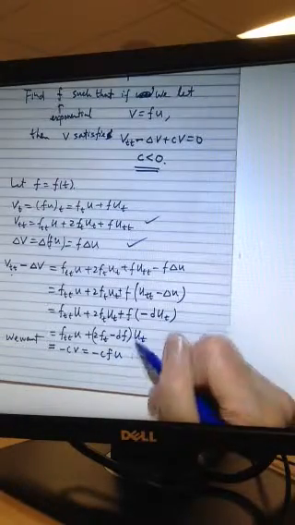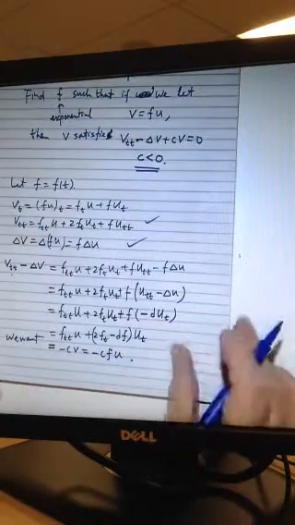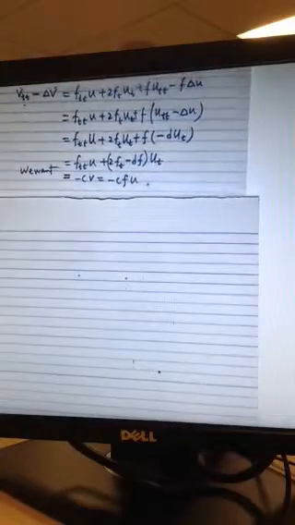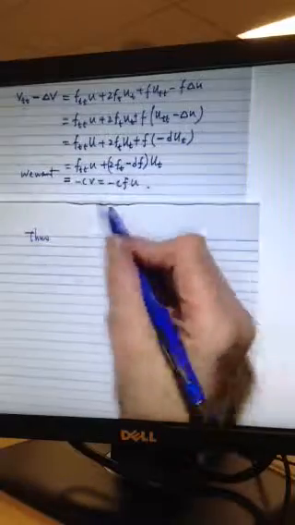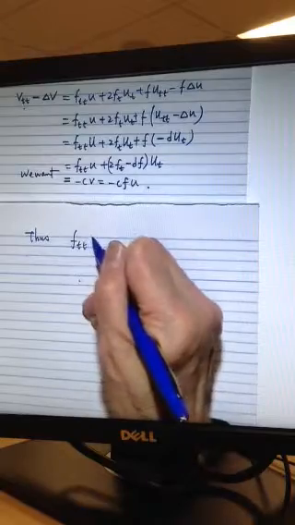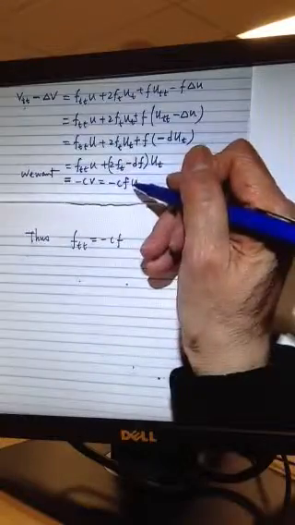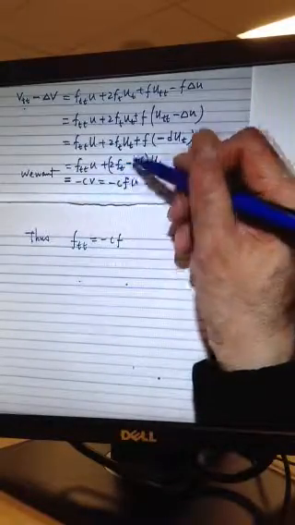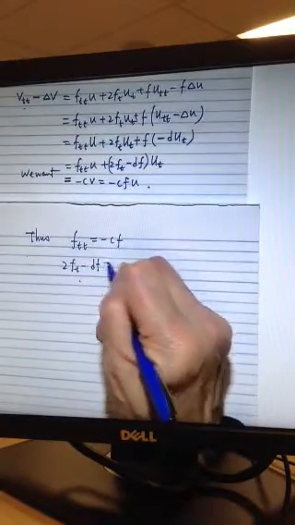We want these two to be the same. So what condition makes them the same? If I compare these two, f double prime must be minus c f, and 2 f prime minus d f must be 0.